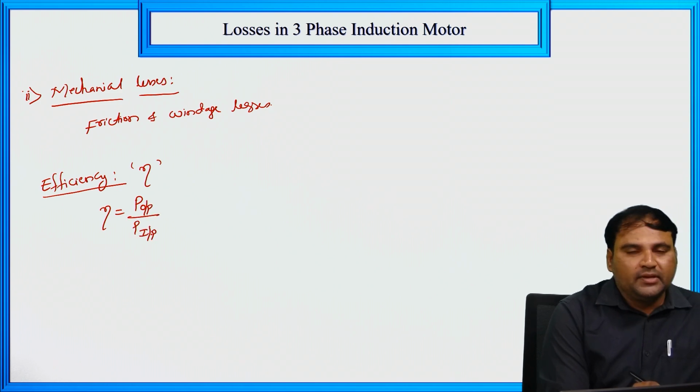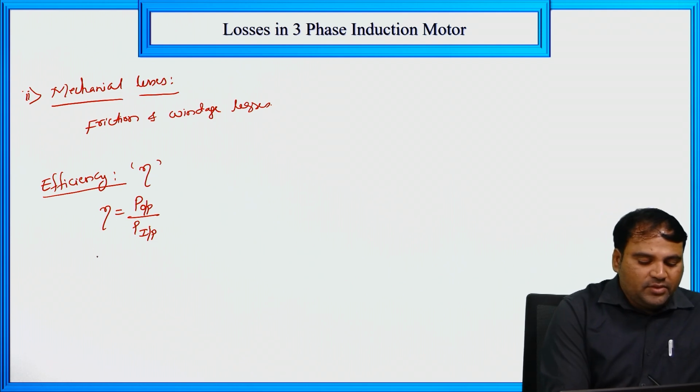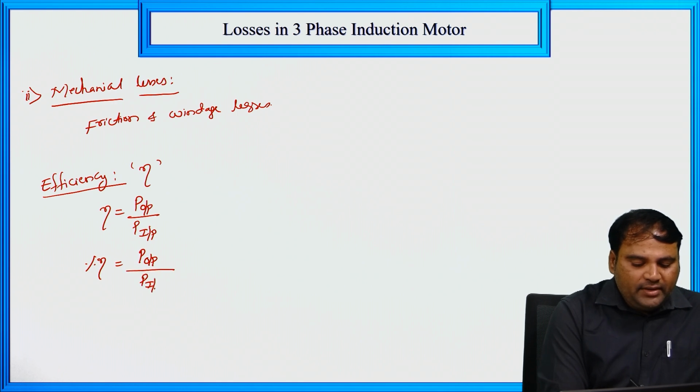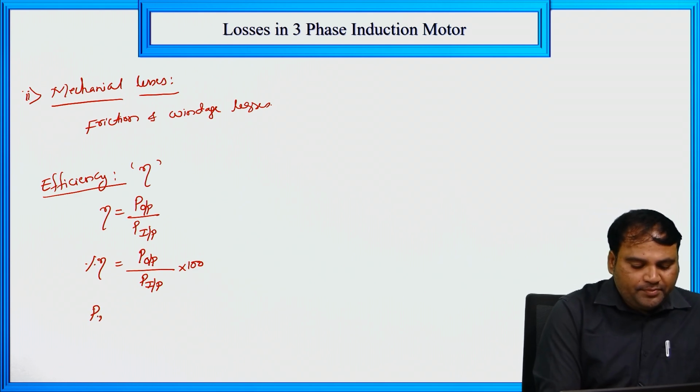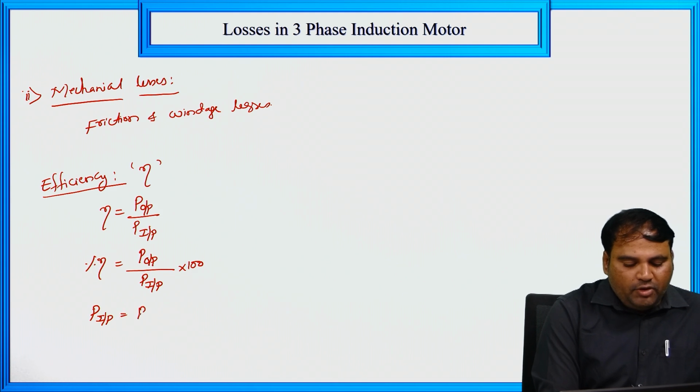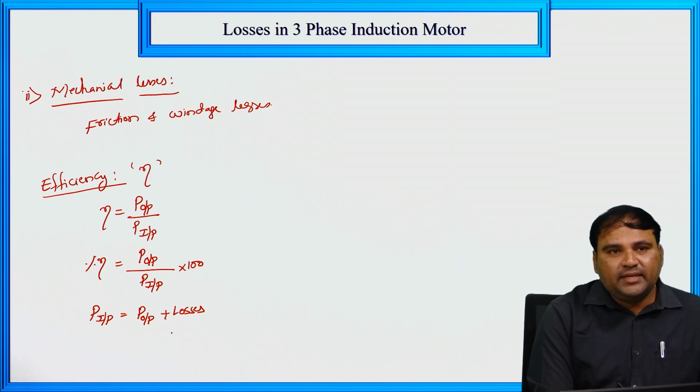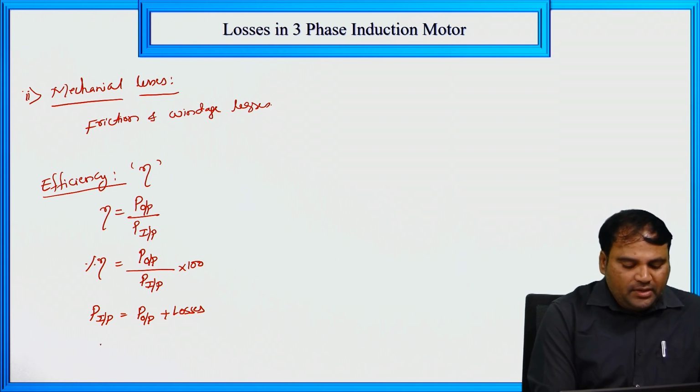In terms of percentage, the percentage efficiency equals output power divided by input power, multiplied by 100, where input power is equal to output power plus losses. The losses here are variable losses plus constant losses. So the output power we can also write as input power minus losses.